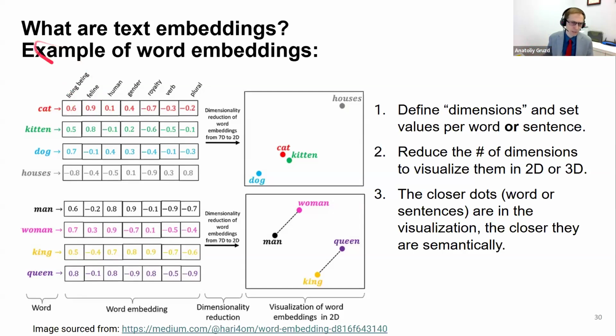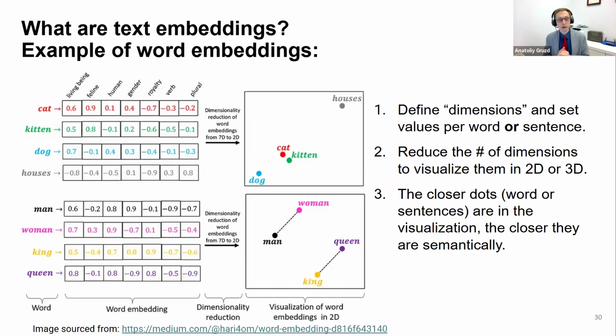But they are not humans. So that number is not close to 1, but it's not negative. After you assign all these numbers, what you end up with is a vector of numbers for each word, and that's what we call an embedding.